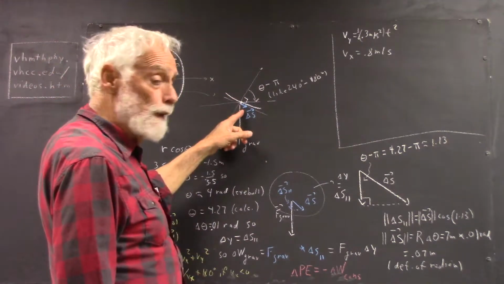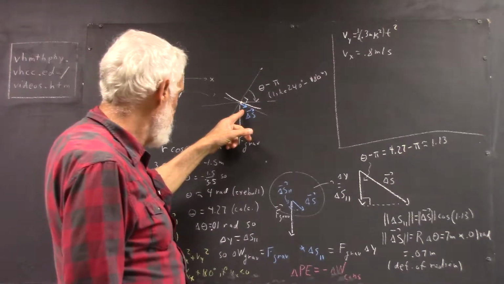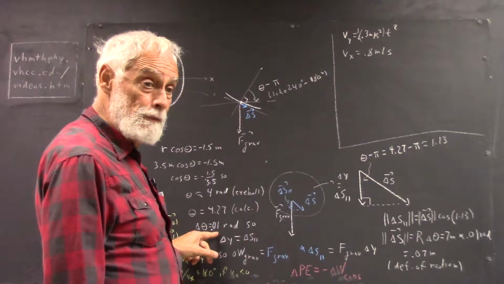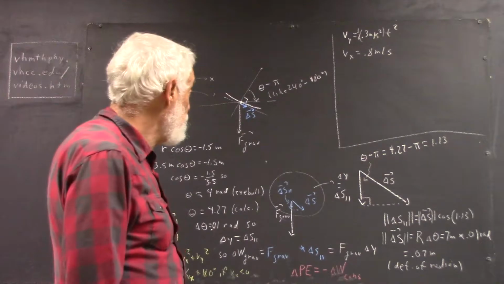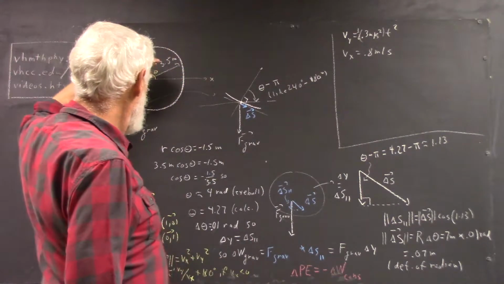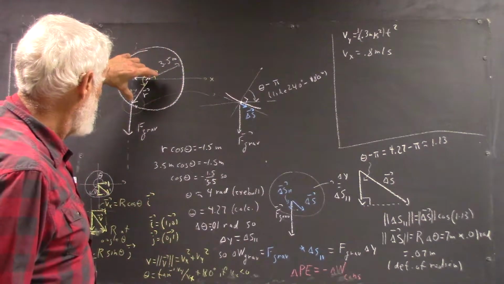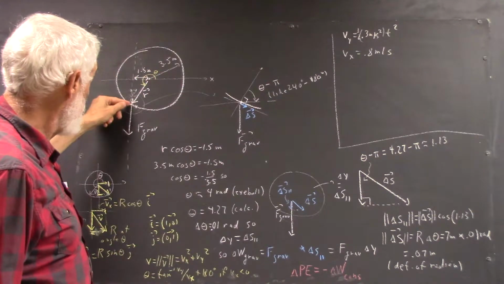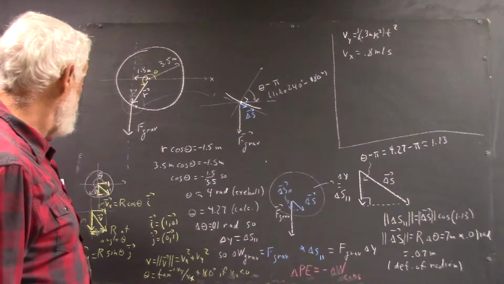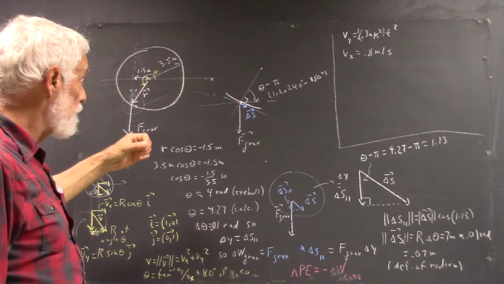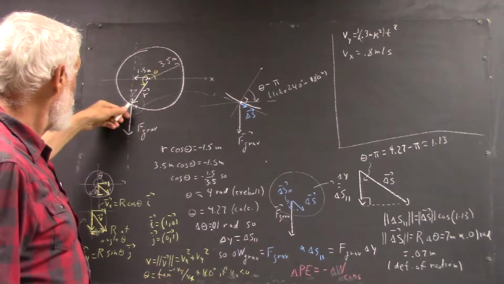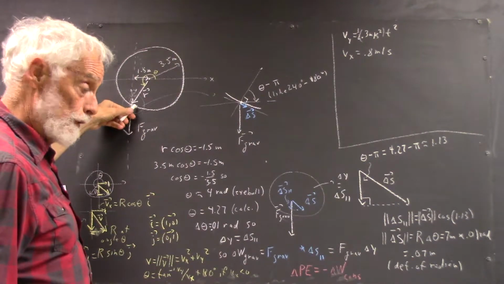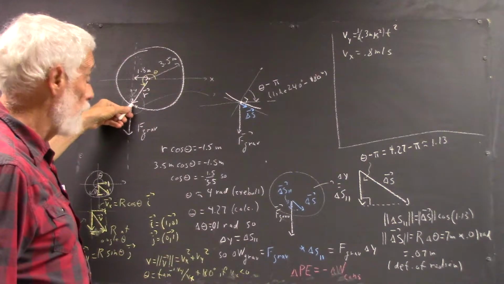Now I added some other lines here for reasons that'll become apparent. Our delta S vector, let me just observe that for a 0.01 radian, which is about 0.6 of a degree change in theta, that's going to be a very small change in position here. And the change in position will be from a point on the circle to another point on the circle. In other words, it'll be a chord of the circle.